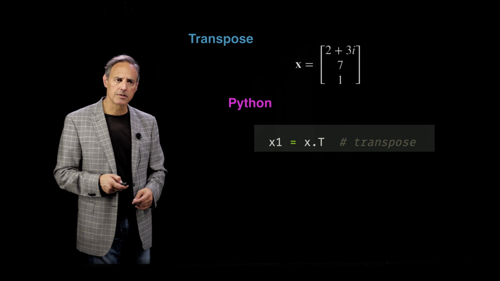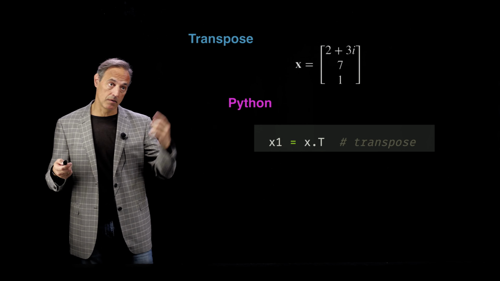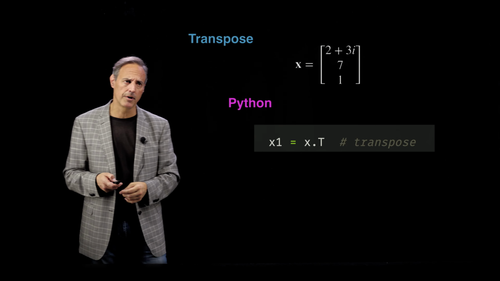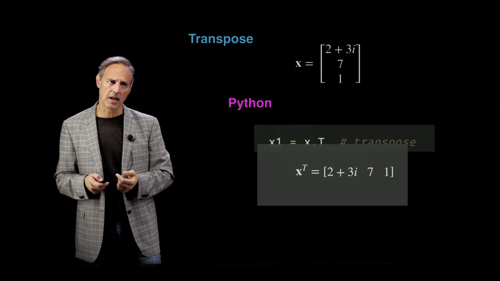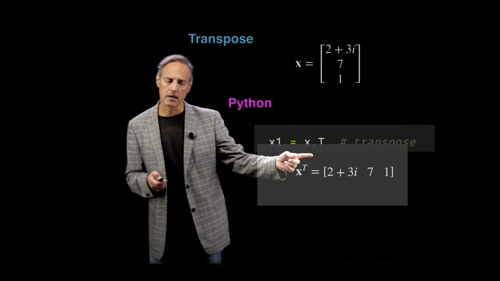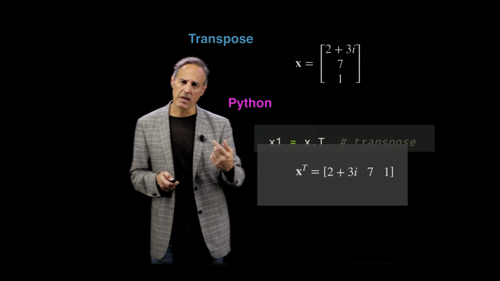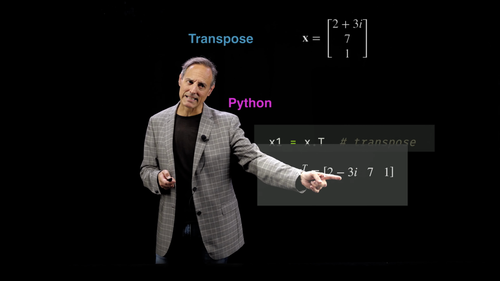You can do this also in Python with complex numbers, and this is very important here. So when you do this with a complex number, here it is. If I do a transpose of this, you would think that you would just simply lay it on its side, but the transpose does one extra thing. It turns this into a minus sign.